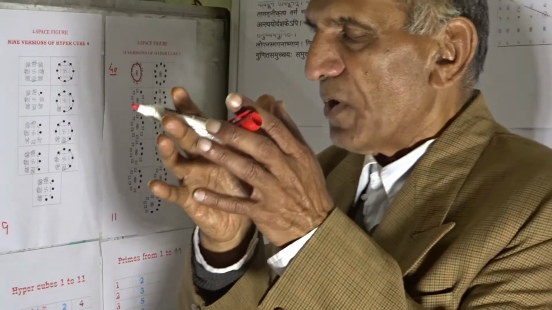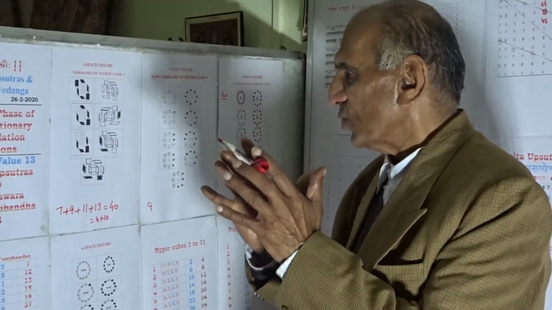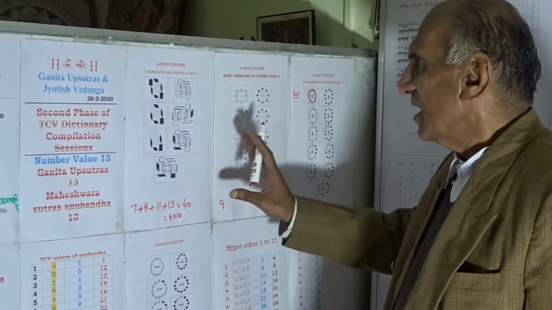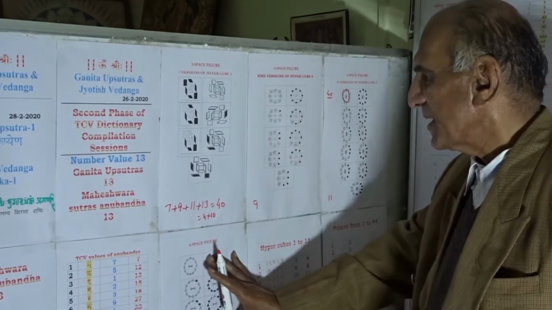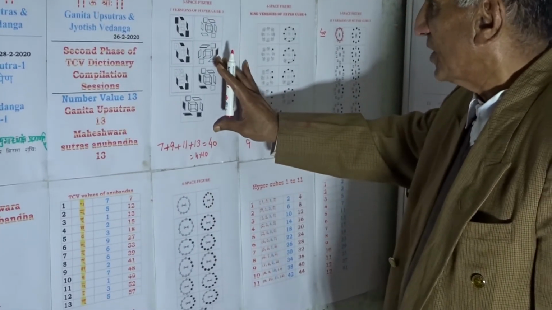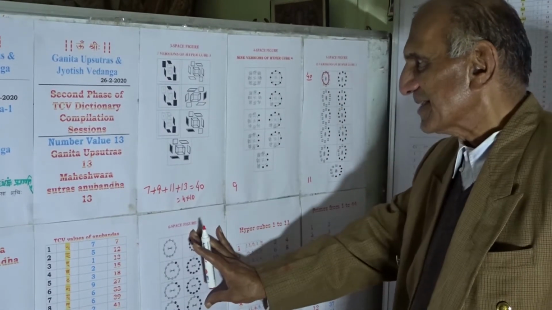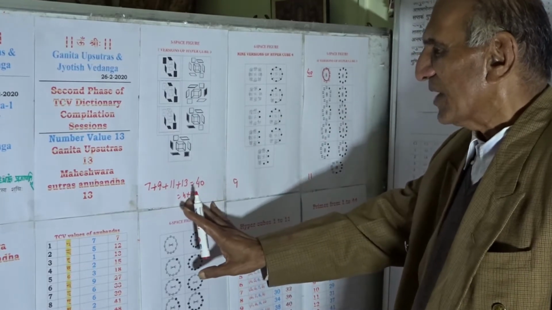We shall have a pause here and be face to face with these organization features of 3 space, 4 space, 5 space and 6 space as hypercube 3, hypercube 4, hypercube 5 and hypercube 6, making in all 40 versions.